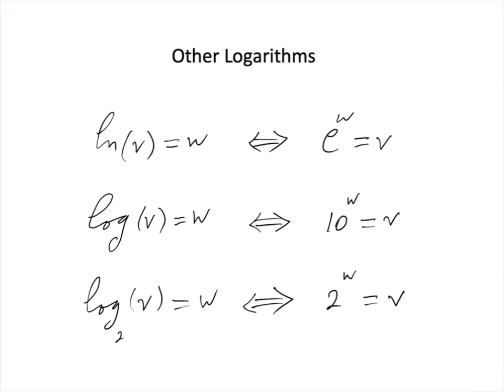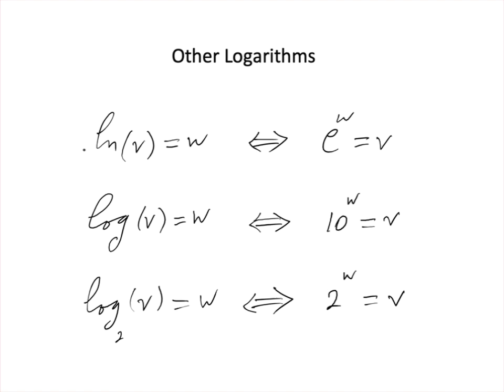Hello again. Here we are considering other bases for logarithms. We looked at ln, the natural logarithm, in the previous videos. But now other bases. ln was based on e because its inverse function is e to the x, and the base of that function is e.